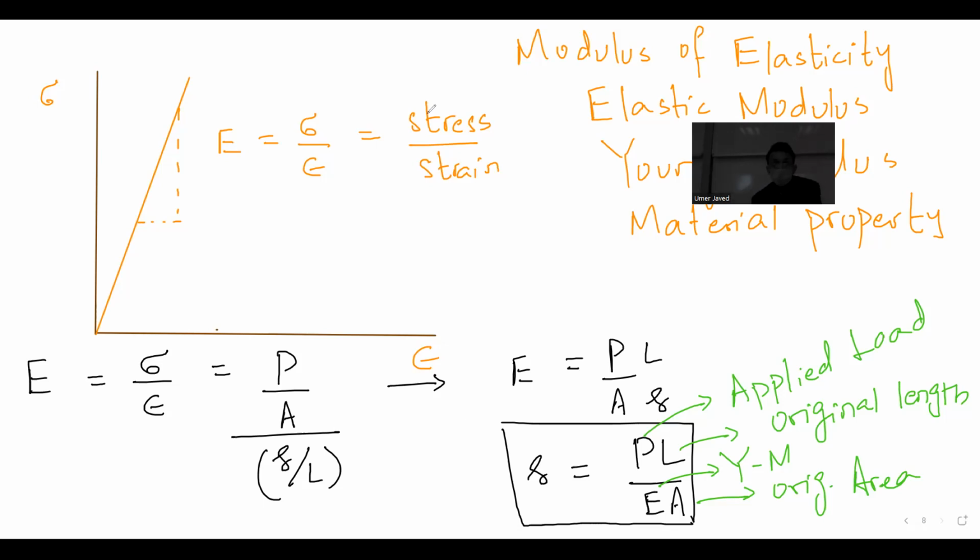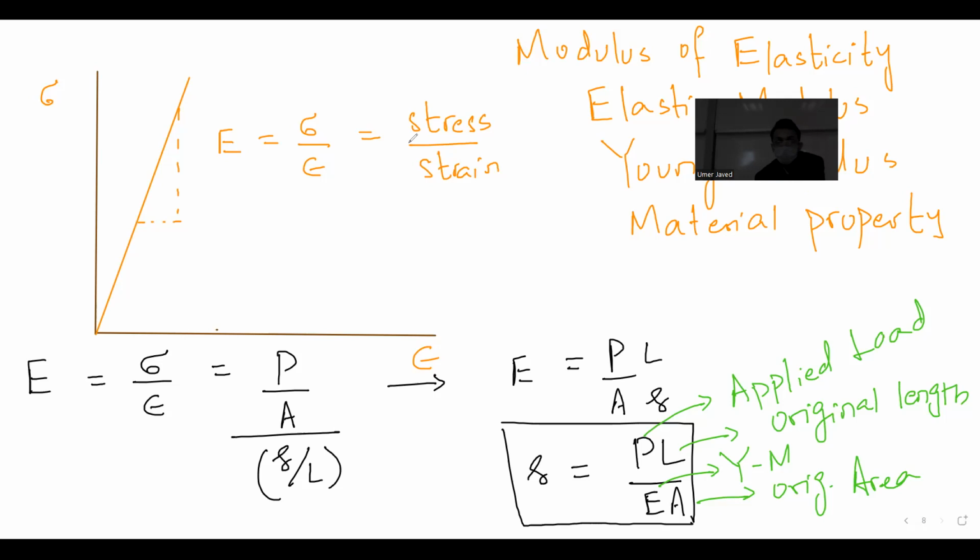Okay, let's write it one more time, using a completely different color now. Force is equal to K multiplied by x. What was that formula for spring and force?